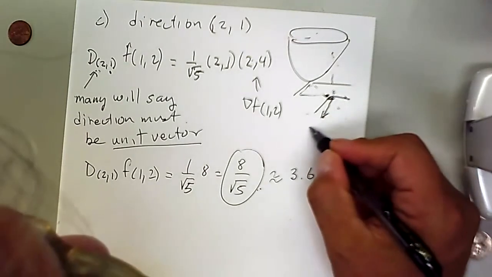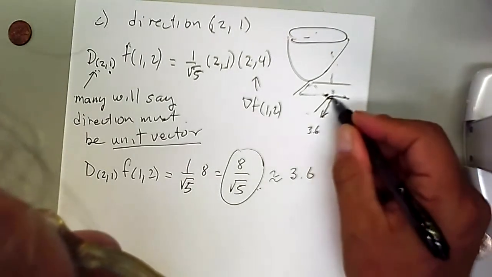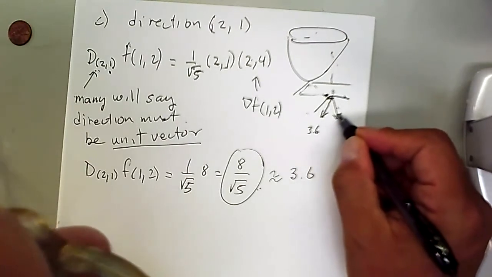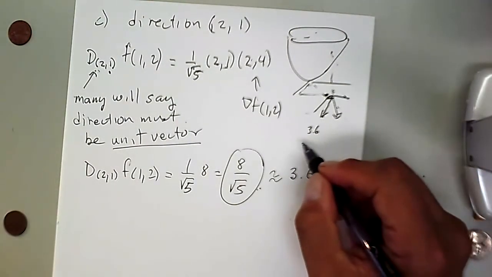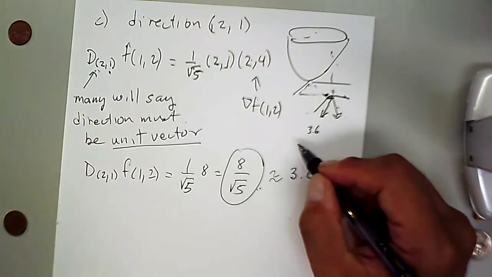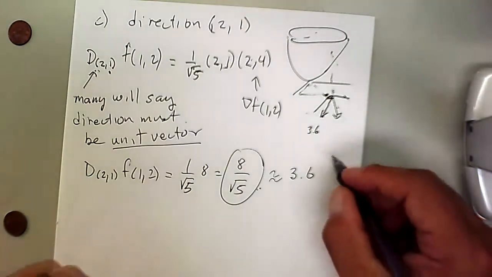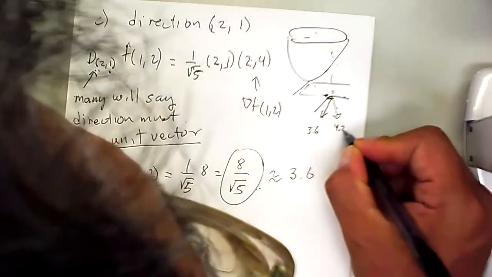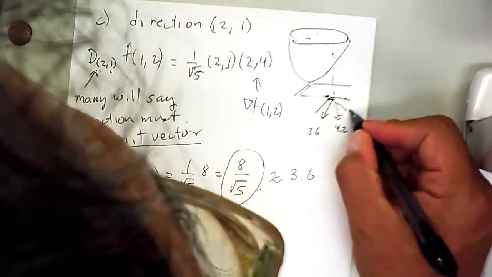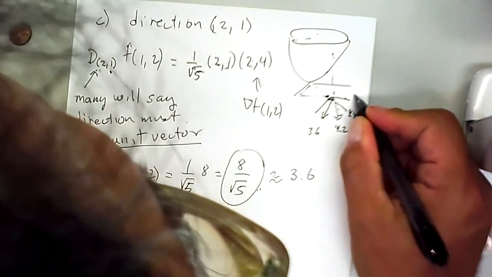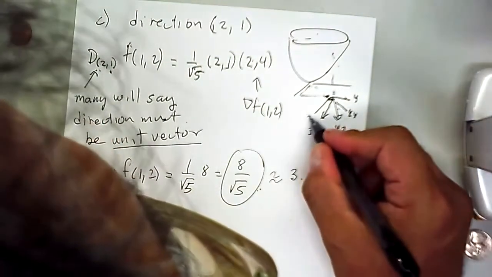So here we get about 3.6. Remember the 45-degree angle, that was part A. And now I forgot what it was. So it was about 4.2. Yep. So that was about 4.2. And then this direction gave us about 4.4.